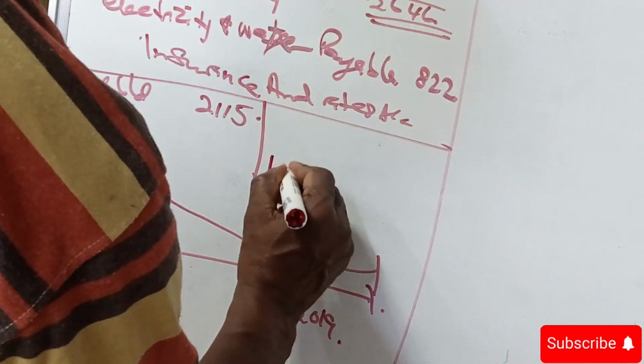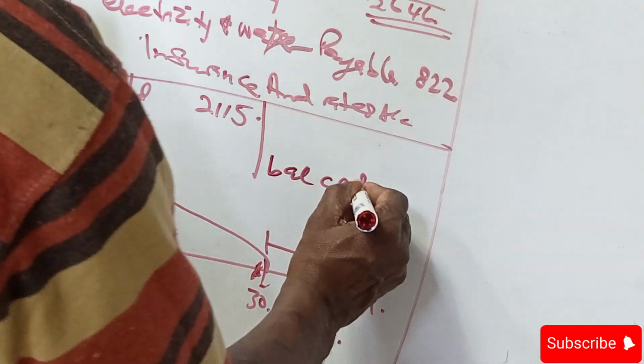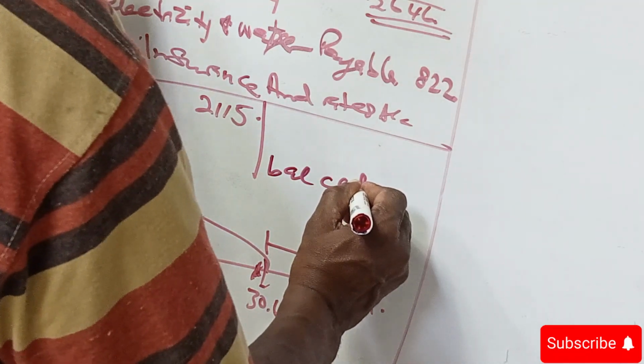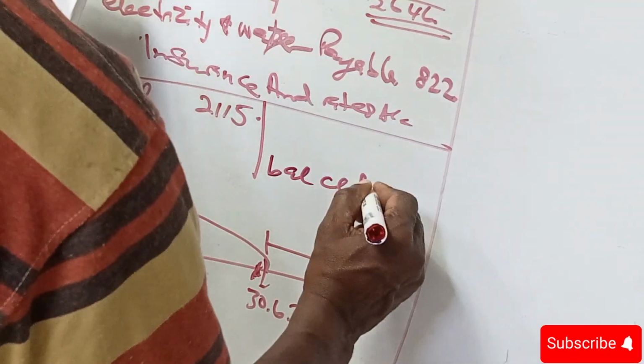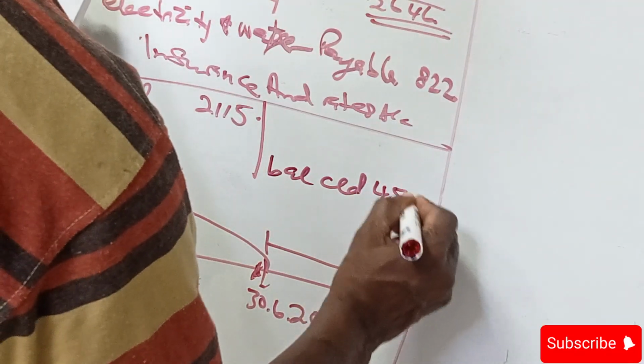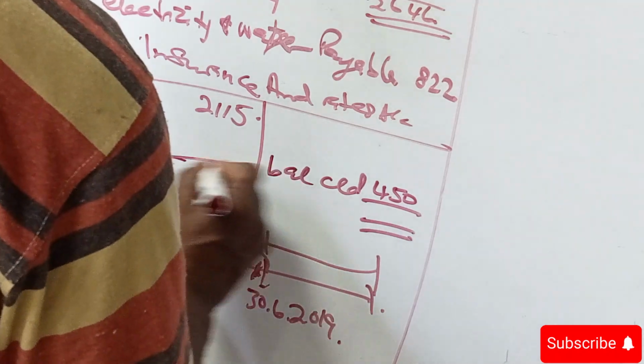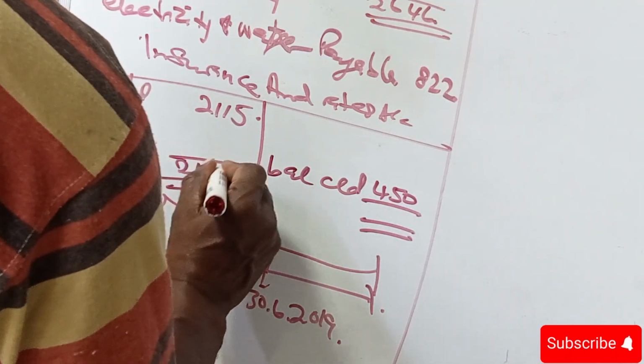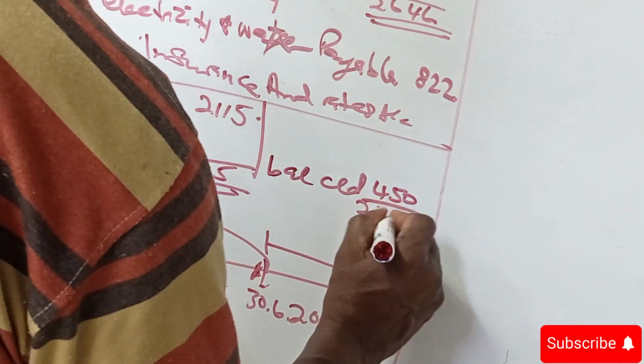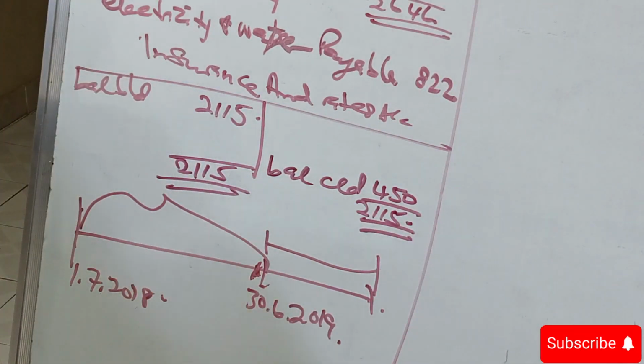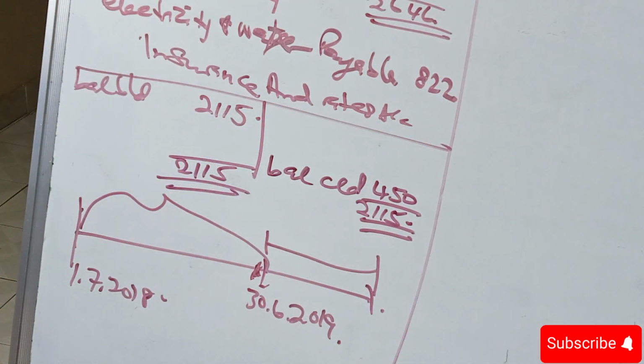So we carry it down, it's not an expense. We carry it down as a current asset amounting to 450. 2115 minus 450.